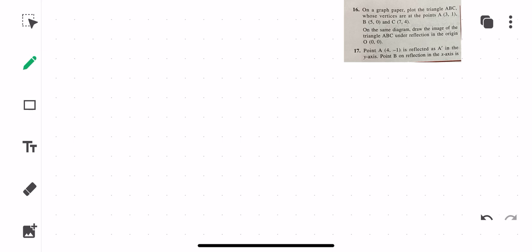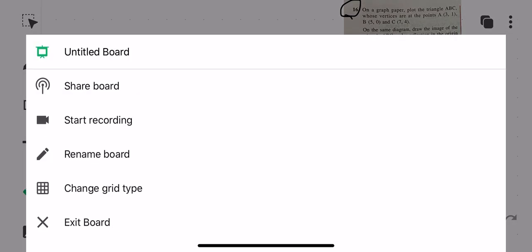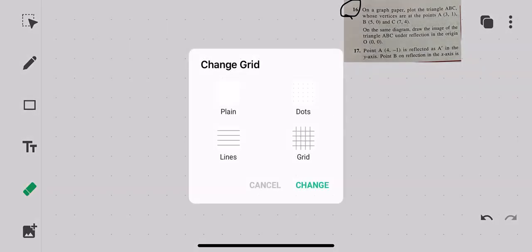Okay, so how are you going to do this, children? First of all, you need to find out the coordinates. See, on a graph paper, suppose you are having, so this question number 16 you are of course going to take as homework. Okay, so if you just look into this, I'll just show you.